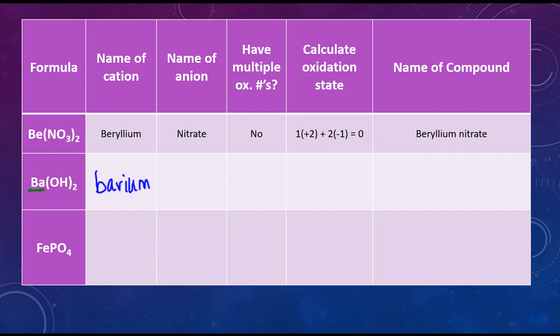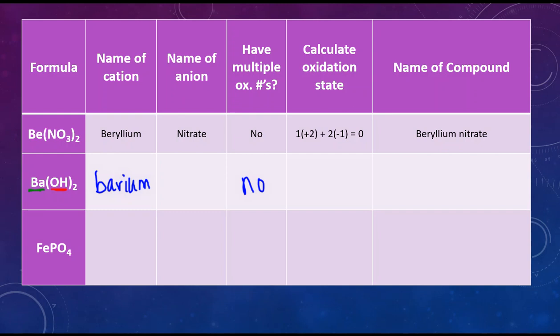Now, I always ask myself at this point, is barium a multiple oxidation metal? Is it going to get a Roman numeral? No, it's in group 2. It's an alkaline earth metal. Now, here I have OH. Which polyatomic does that one go with? What's its name? What's OH? Hydroxide.